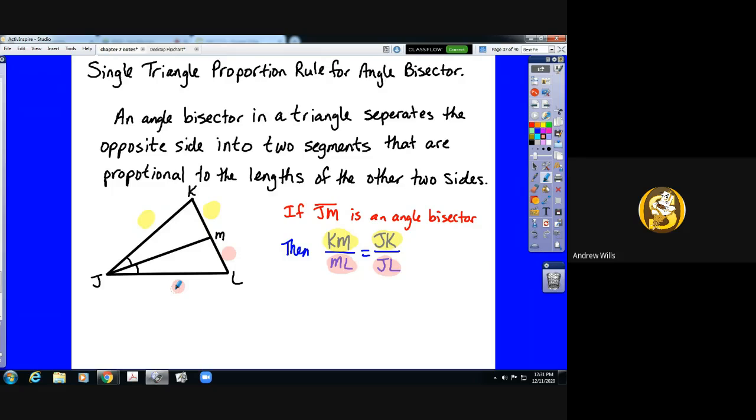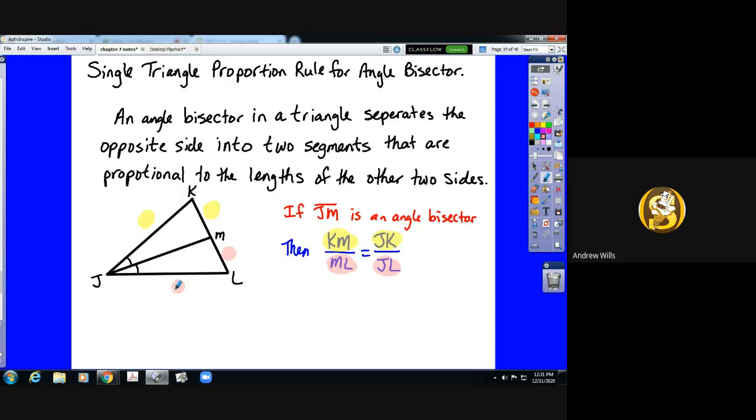This proportion is true for every single angle bisector in every single triangle.